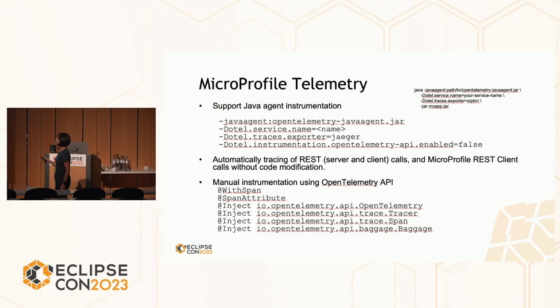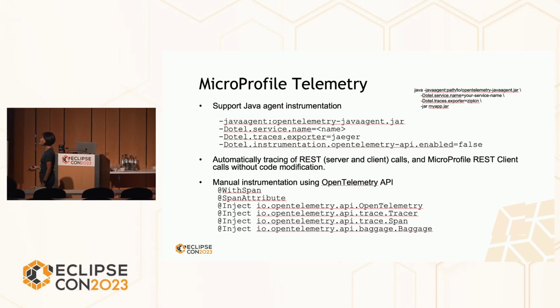So how can you do the Java agent instrumentation? When you start your application, for instance if you start this jar, you pass in the Java agent jar, and you also specify the service name and trace exporter. For automatic instrumentation, you do not do anything. For manual instrumentation, you can do all this injection, and you can also use this annotation.